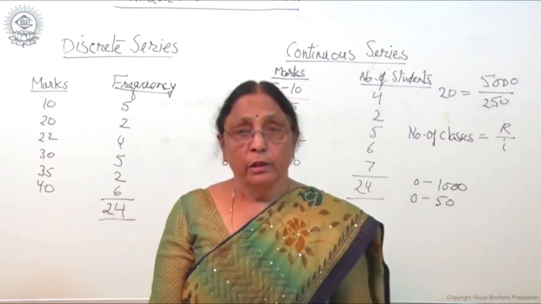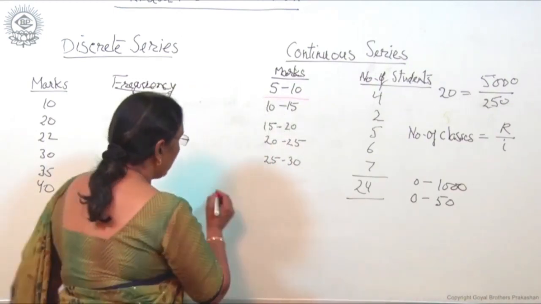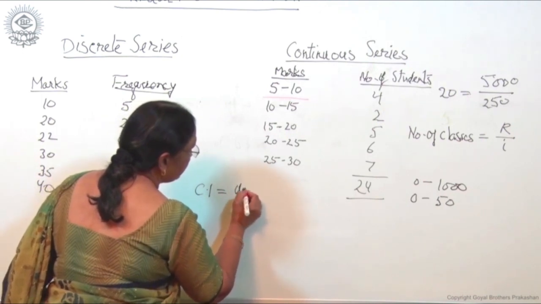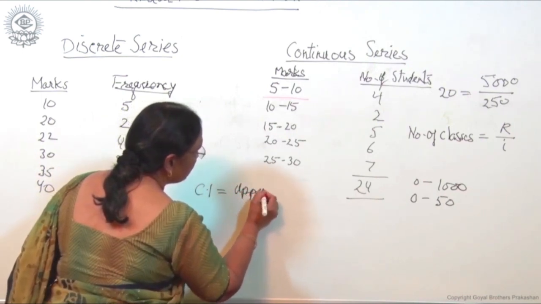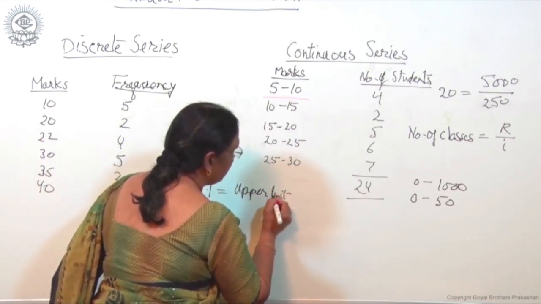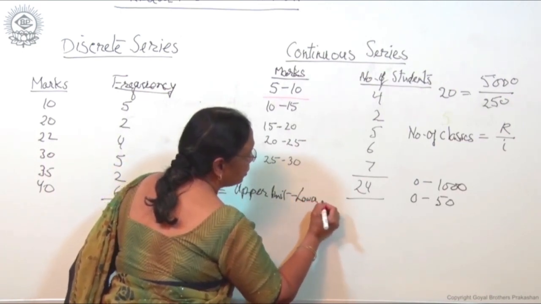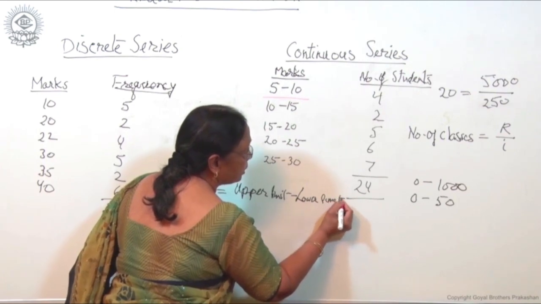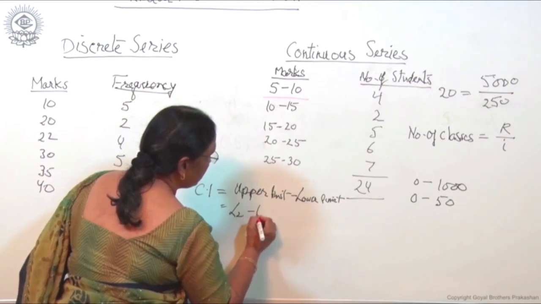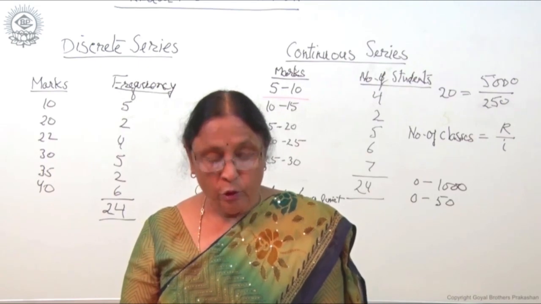So this way, the difference between the upper limit and the lower limit, you can say, is class interval: upper limit minus lower limit, or you can say L2 minus L1. L2 is the upper limit and L1 is the lower limit.